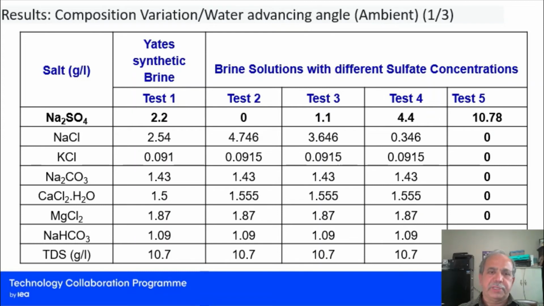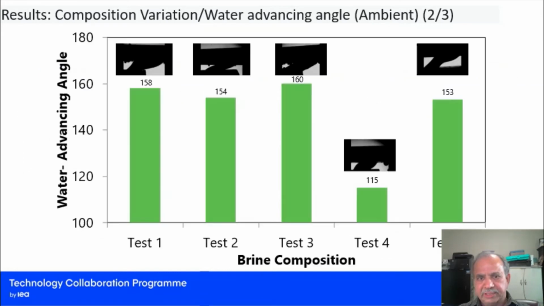And test 1, we had 2.2. All that sodium sulfate came from the NaCl concentration. This went down. And then we added 1.1, 4.4, double that, half this, and double that, and so on. And in the last case, test 5, we took out all the salts and only added 10.7 grams per liter of Na2SO4. And these are the test identities that you will see in the next slide showing the results.